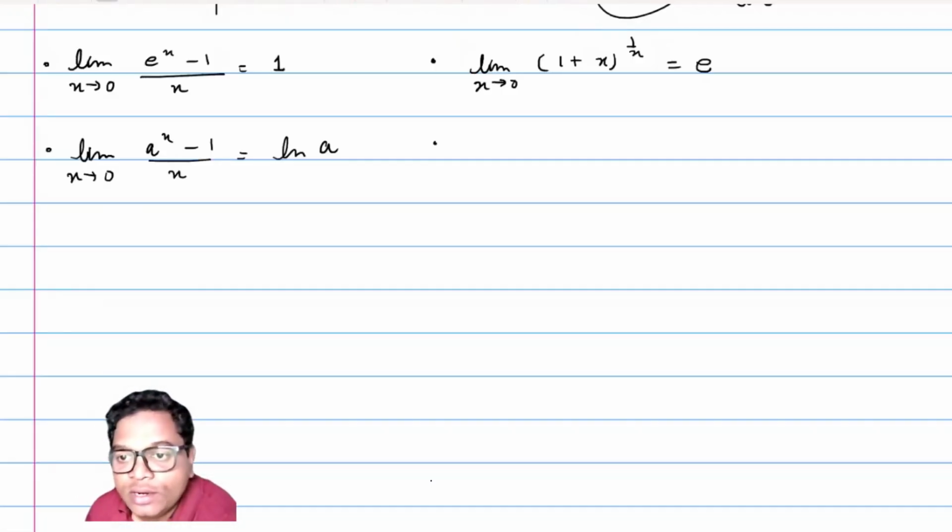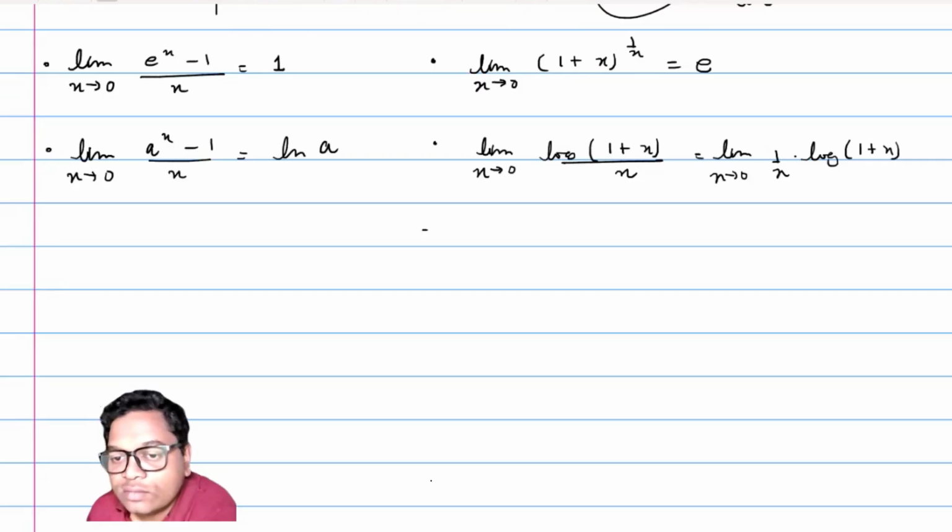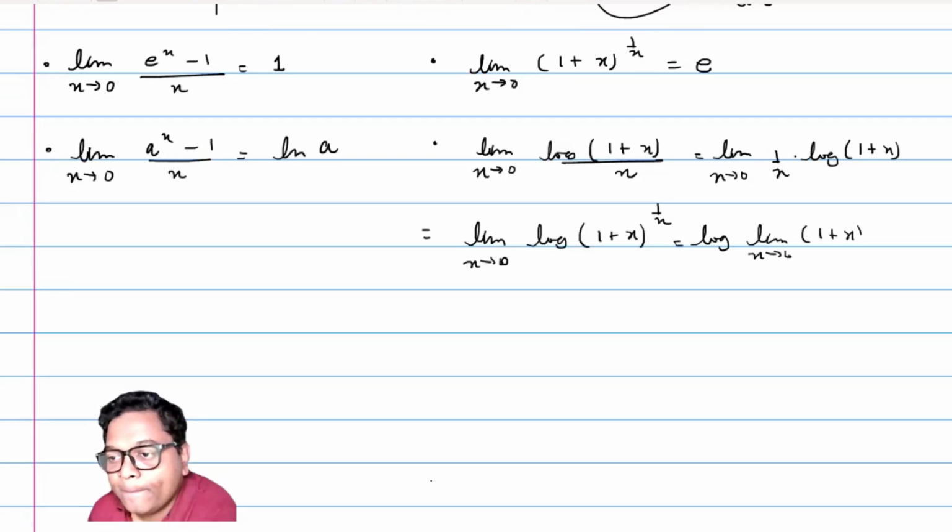Now the same property can be written as, suppose you have limit x tends to 0, log of (1 plus x) upon x. So this can be considered like limit x tends to 0, 1 upon x, log 1 plus x, which is limit x tends to 0, log of (1 plus x) raised to that. You can take the log out and you take the limit inside.